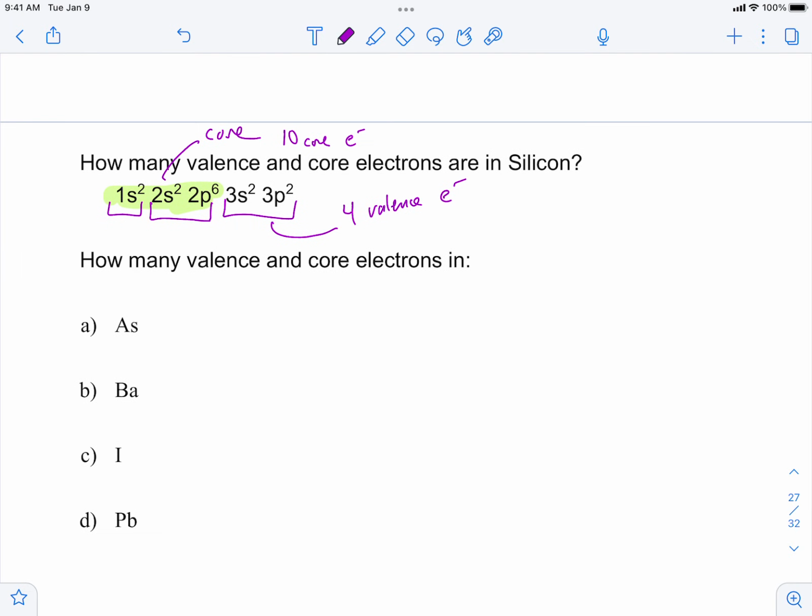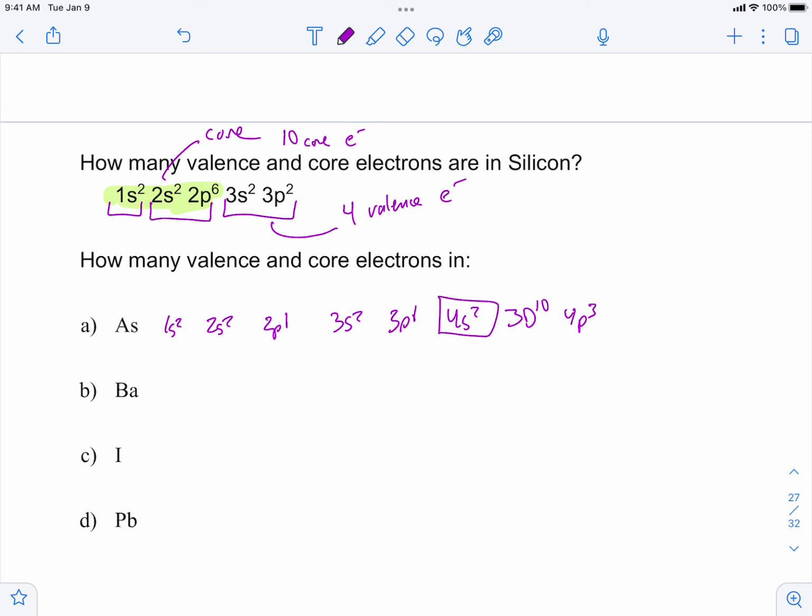So arsenic. I'll do the long way just to prove a point. So 1s2, 2s2, 2p6, 3s2, 3p6, 4s2, 3d10, 4p6, no, just kidding, 4p3. Okay. What is the highest energy level that you see? 4. Here and here.